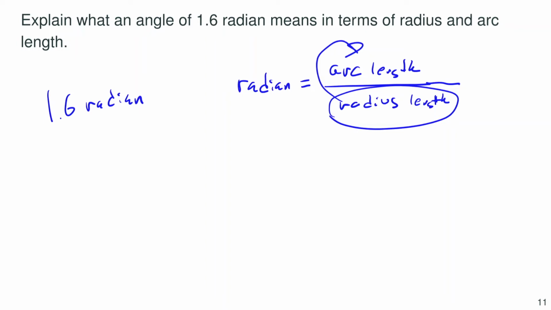So contextually, 1.6 radian means that if I have an angle like this, I'm just sketching an angle, if this is the radius, this is the radius, this arc length is 1.6 times as large as the radius length for this angle. So let me write that in a sentence.